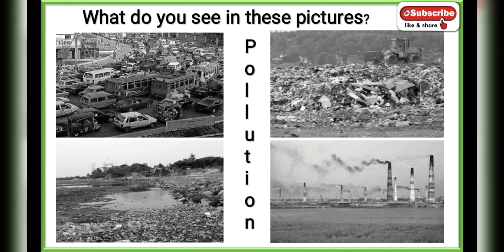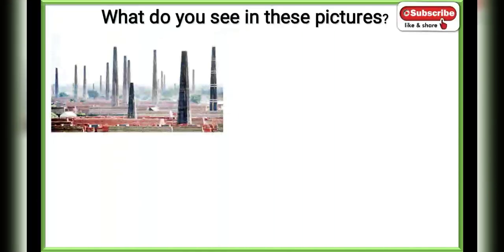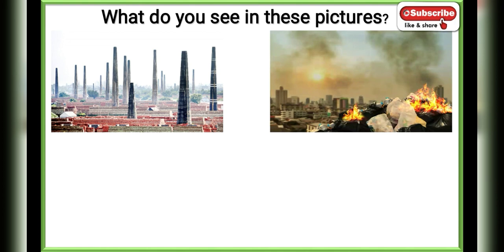What is the main topic of our today's class? What do you see in this picture? Yes, it is a brick nail. There are a lot of bricks being made and some chimneys stand on the field and they are emitting smoke. Second one, polythene bags are burning and creating a lot of black smoke.